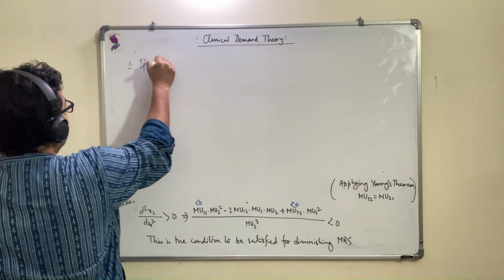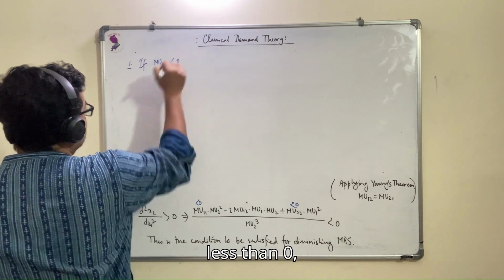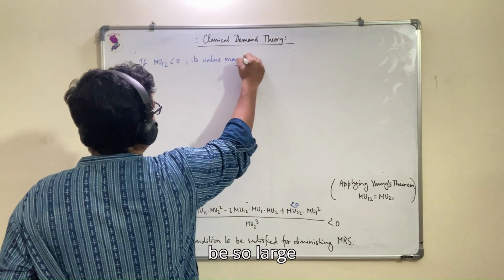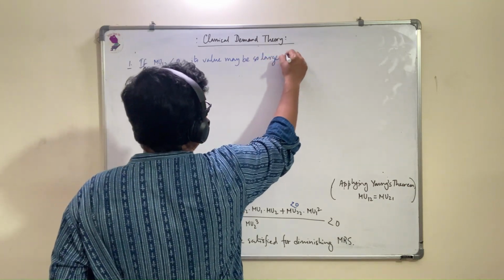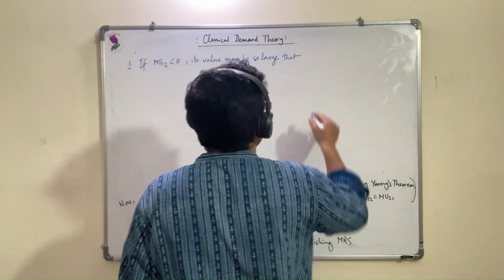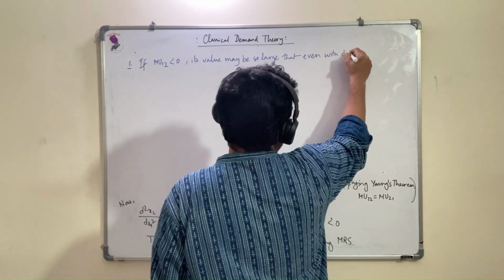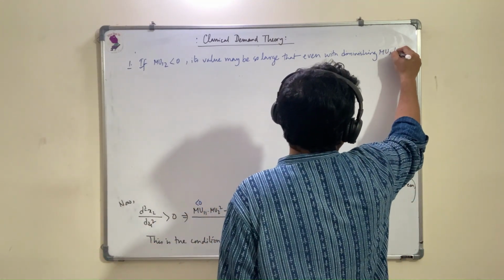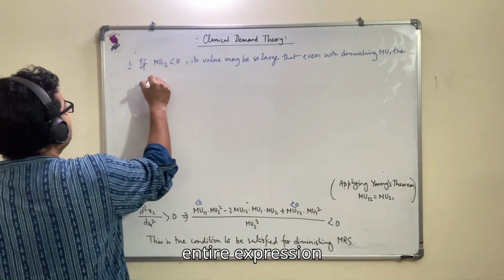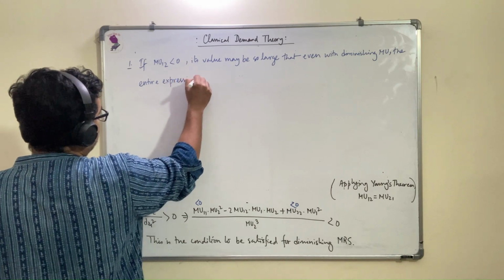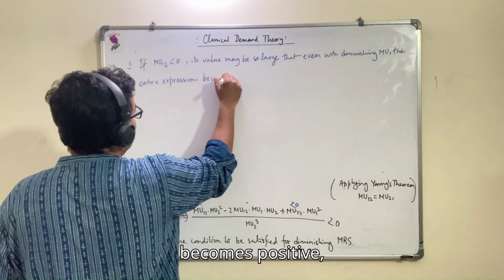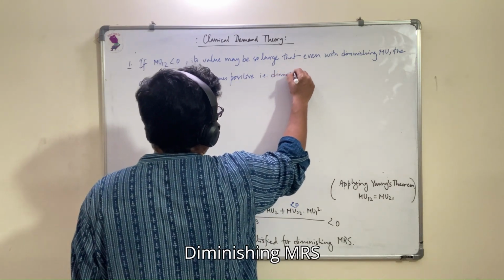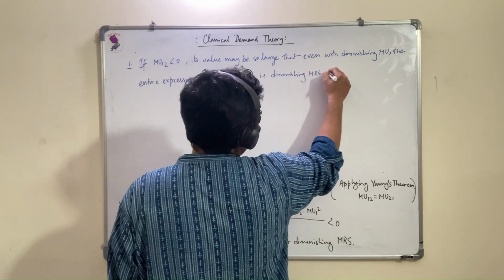Number one, if mu12 is less than 0, its value may be so large that even with diminishing MU, the entire expression becomes positive, that is diminishing MRS does not hold.